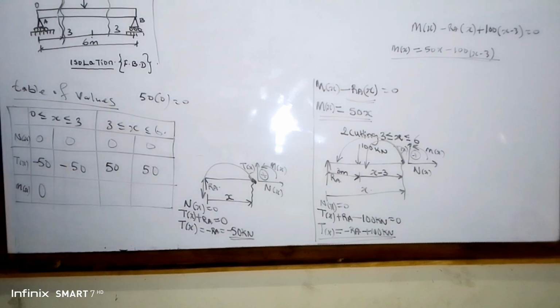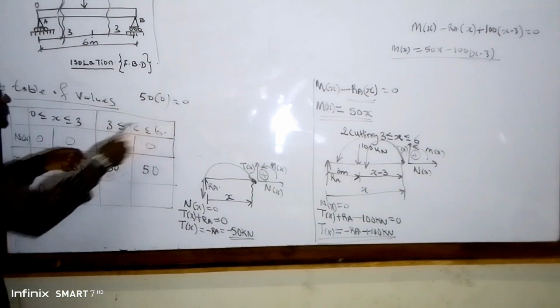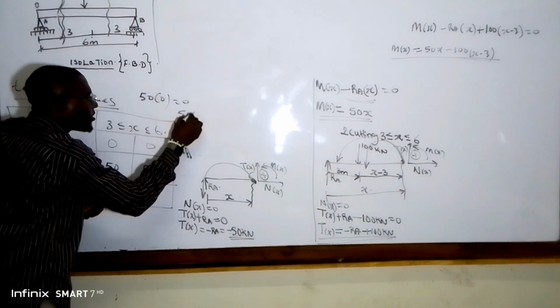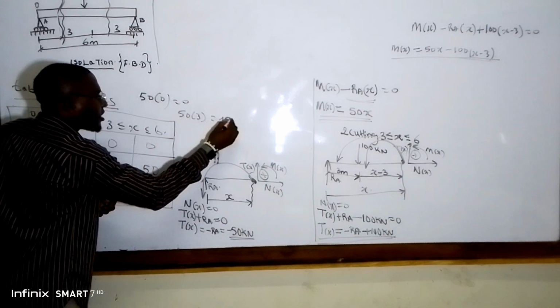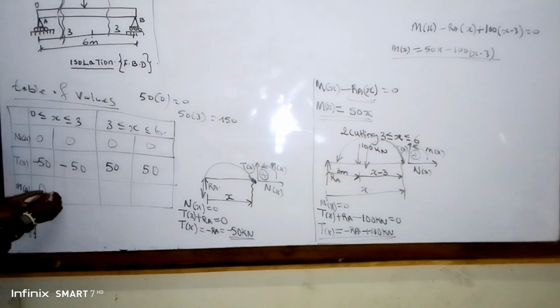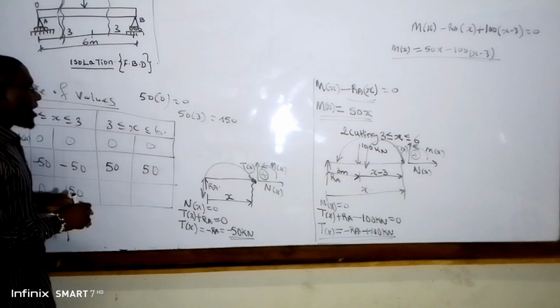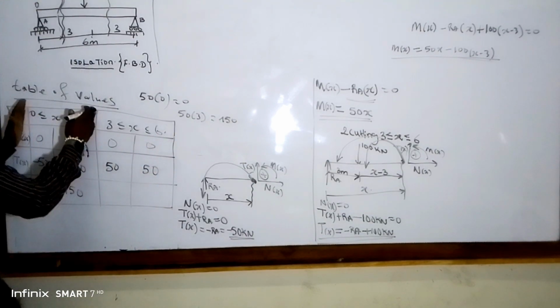You put 0 in this box. Substitute 3 where you have x, so it will be 50 into 3. 50 times 3 is 150. So the value at this point will be 150. So guys, we are done with the first cutting.